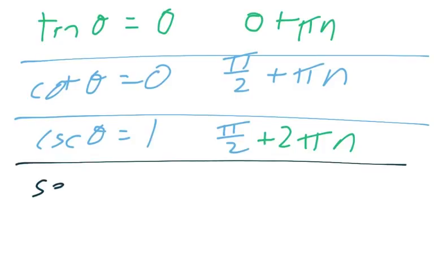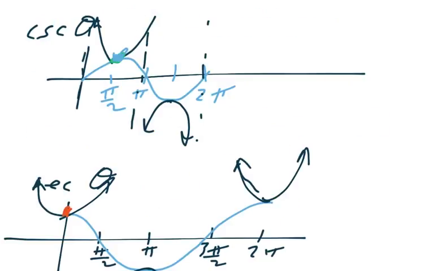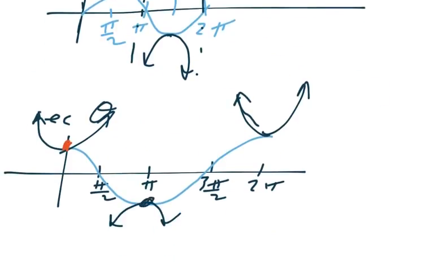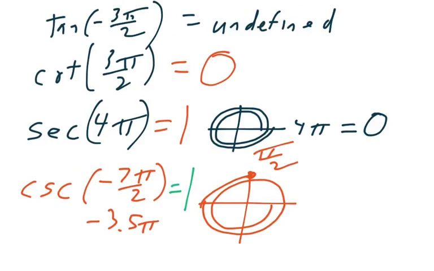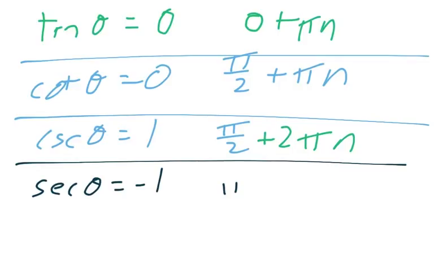And finally, the secant of theta is equal to -1. Go back here. Here's the secant of theta. There's -1. And that's at pi, because we're looking at the x value. And so we got pi plus 2 pi n. And that's my answer for problem number 8.